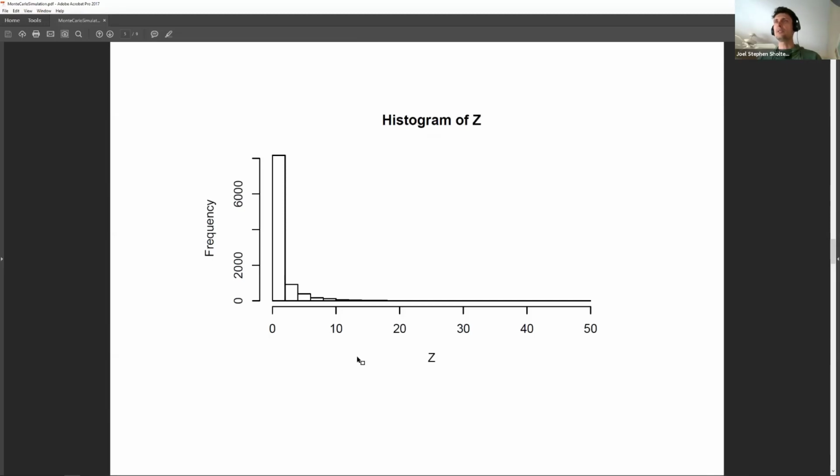This is our distribution of Z, which is probably pretty similar to what you got for your other problems, but know that this is not an exponential distribution as it was before. So from here, now that Z has this more complicated distribution, we could ask questions about the probability of overtopping or getting a wave of a certain height or something like that.